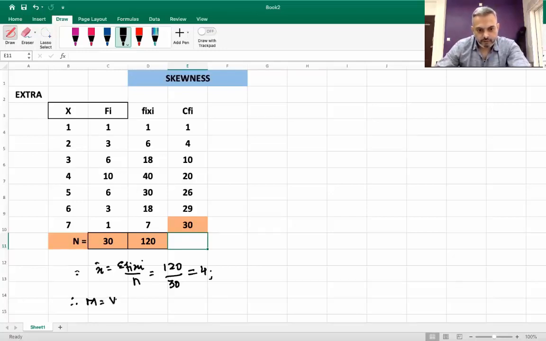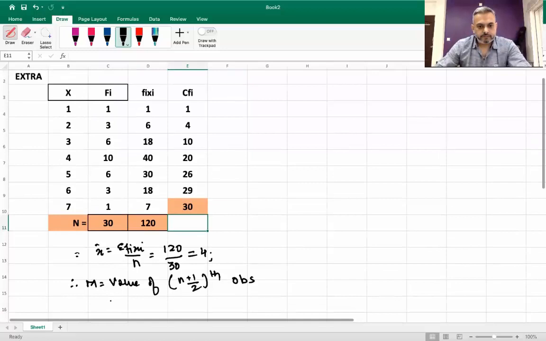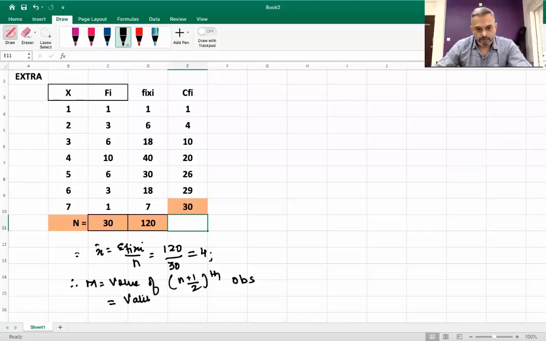Median is equal to value of n plus 1 upon 2th observation, which is equal to value of 15.5th observation. 15.5 will come in this 20, which is again 4.